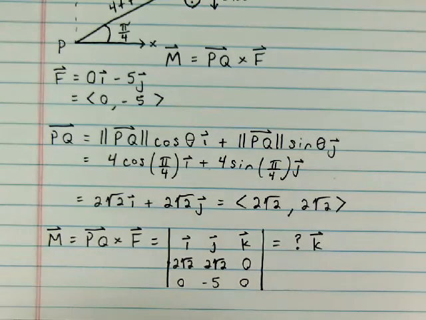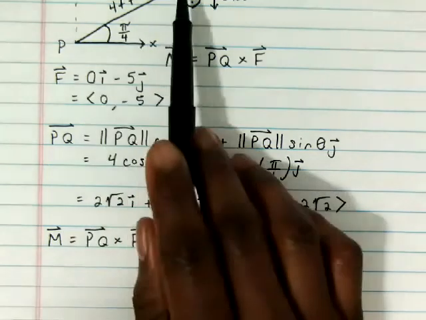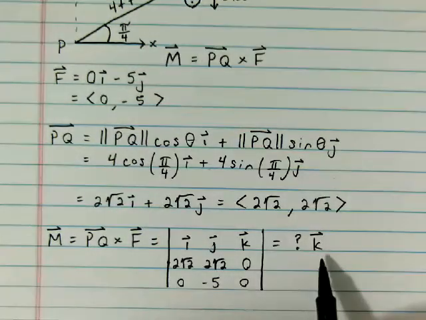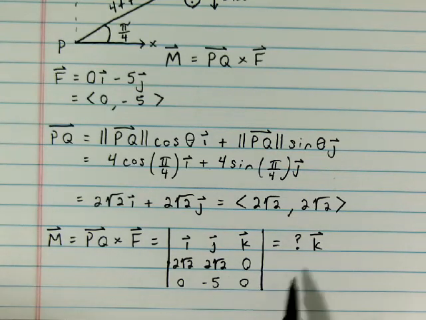And you all know that because a cross product of two vectors in the plane is going to give you a vector that's perpendicular to the plane. So that means we're going to get a vector that points in the k direction because PQ is in the xy plane and F is in the xy plane. So that means the cross product has to be something that points in the k direction. So you'll go through this and you're just going to get something k there when you compute that.